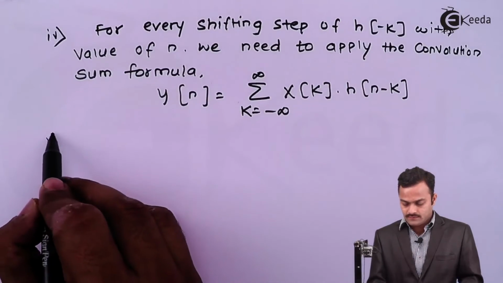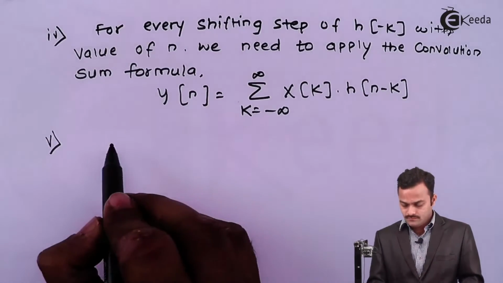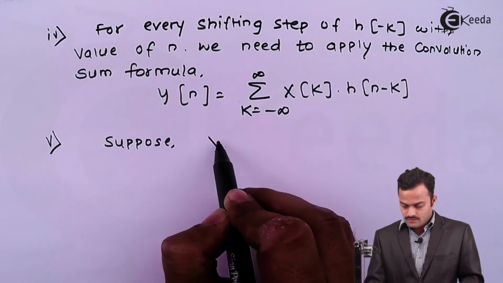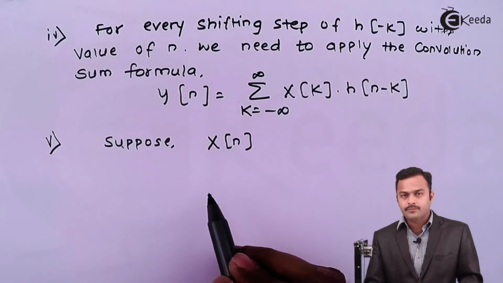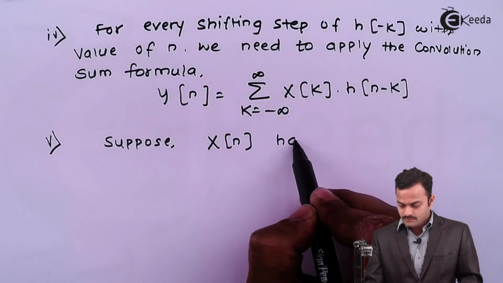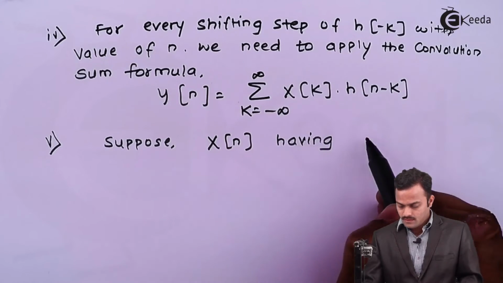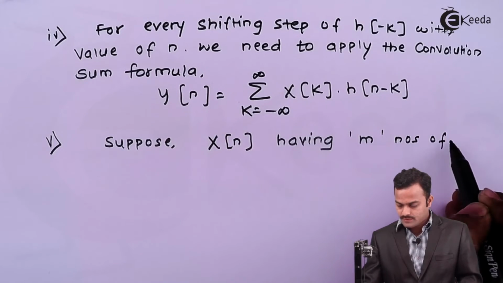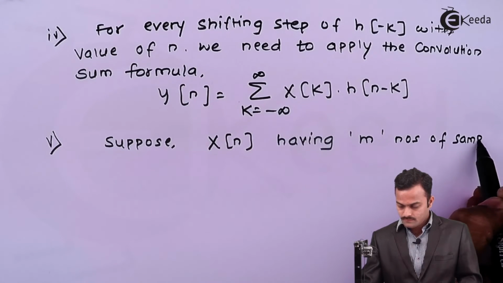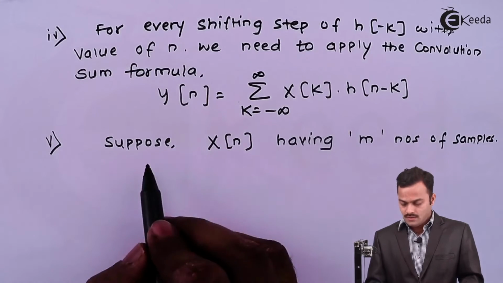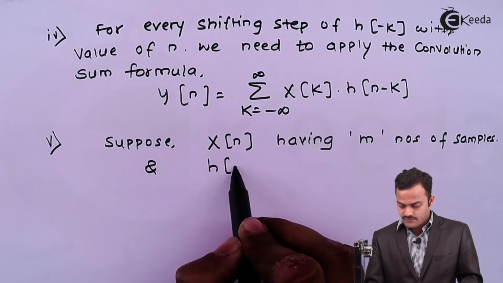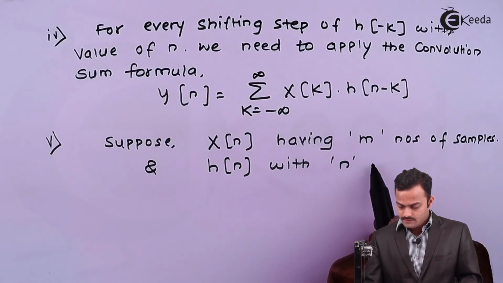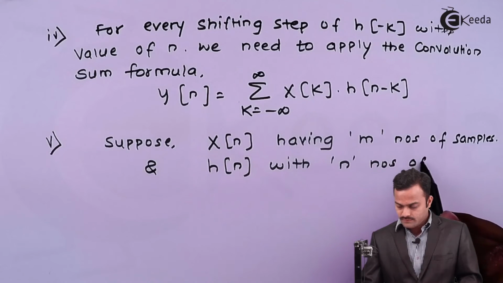And in the last, for verification purposes, suppose x of n is the input signal having m number of samples and the impulse response h of n has n number of samples.